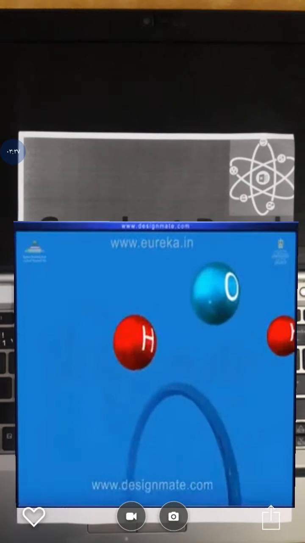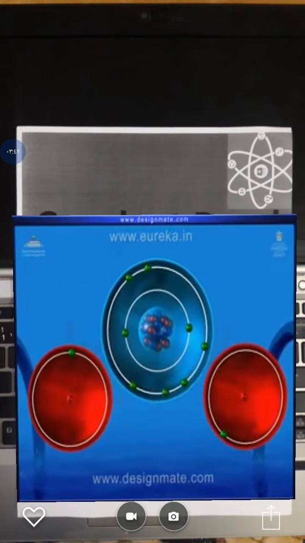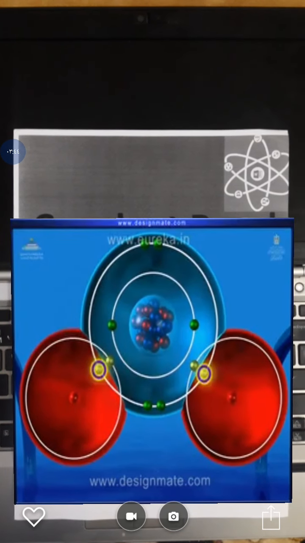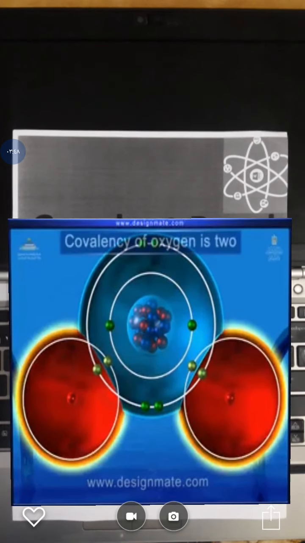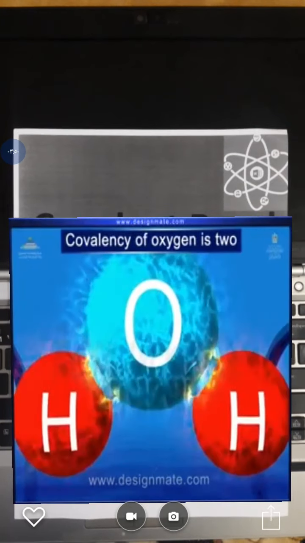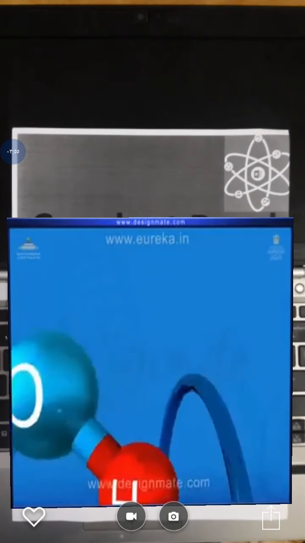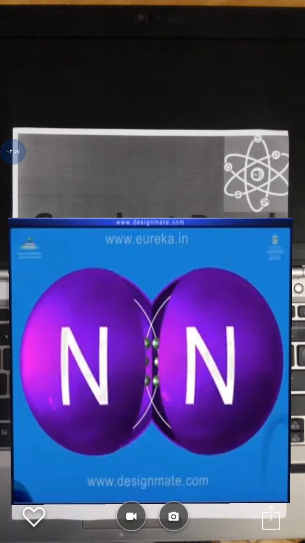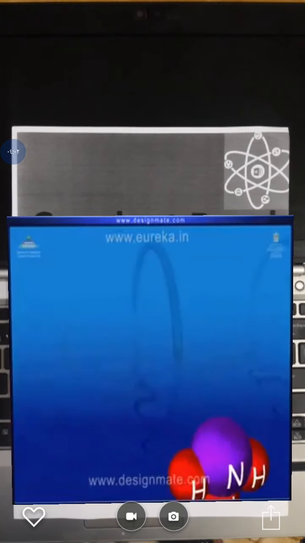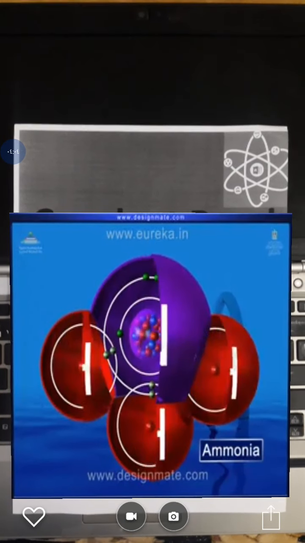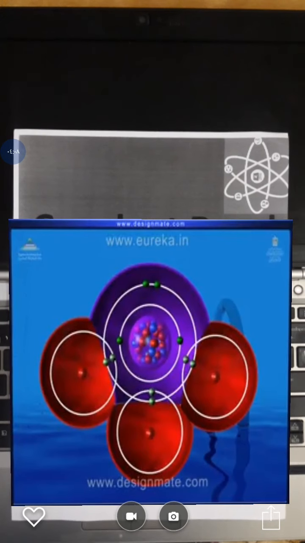In the case of water molecule, oxygen shares 2 electrons with 2 different hydrogen atoms. Hence, covalency of oxygen here is also 2. In compounds like nitrogen N2, ammonia NH3, etc., covalency of nitrogen is 3.